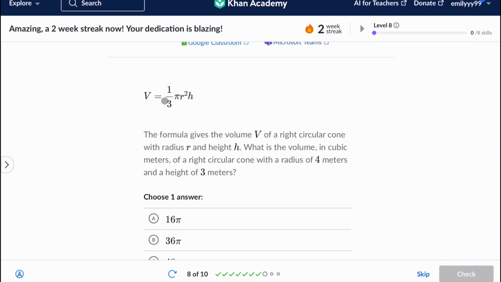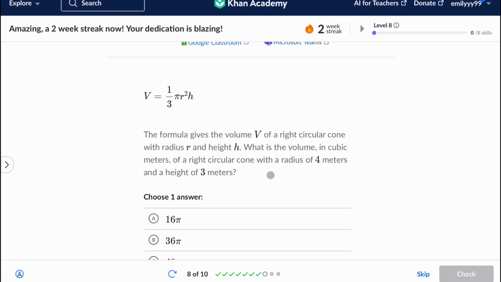Okay, we're given a formula here, and it says the formula gives the volume V of a right circular cone with radius r and height h. What is the volume in cubic meters of a right circular cone with a radius of 4 and a height of 3 meters?